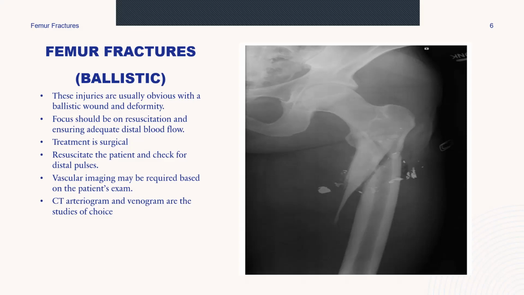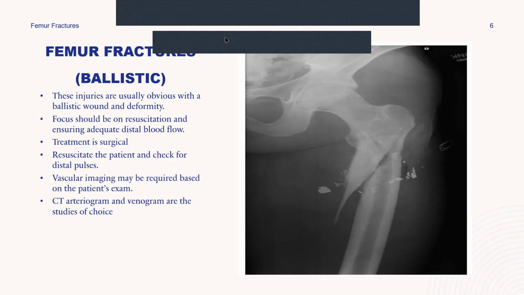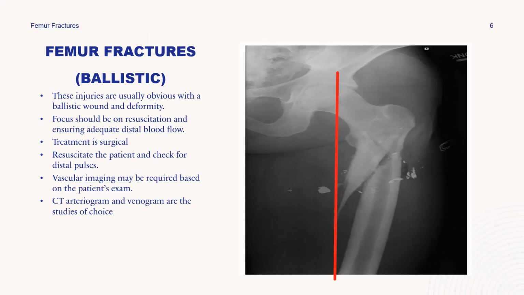So the principle of what we're trying to do with any of these injuries. Let's just say we've got our artery that's running around over there, and we've got an injury, a transection here. The main thing is to try and get proximal control.